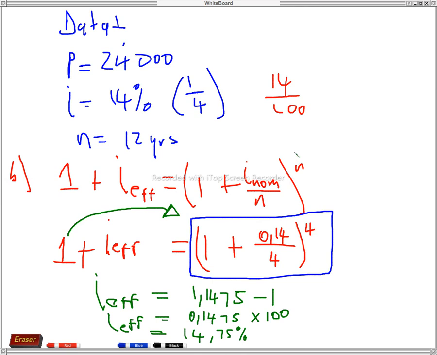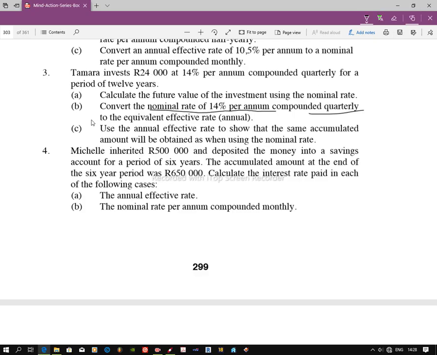So let's proceed to number C. Use the annual effective rate to show that the same accumulated amount will be obtained when using a nominal rate.